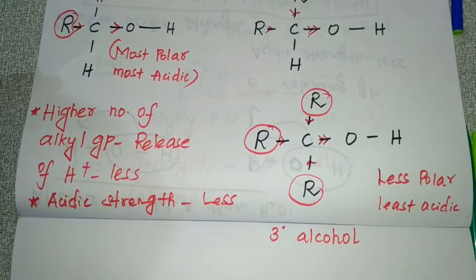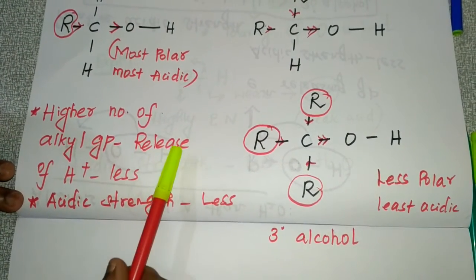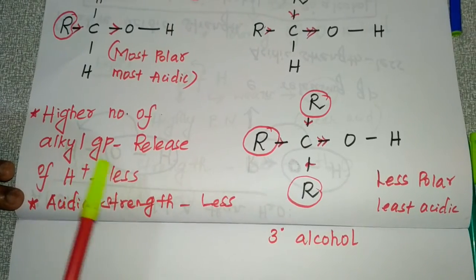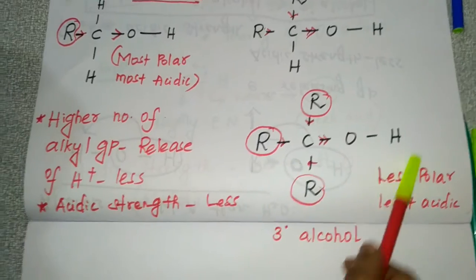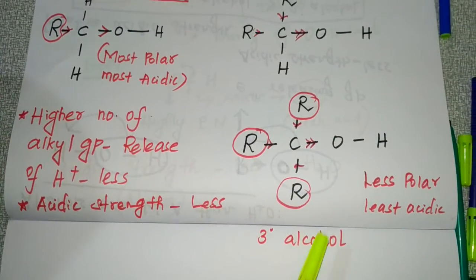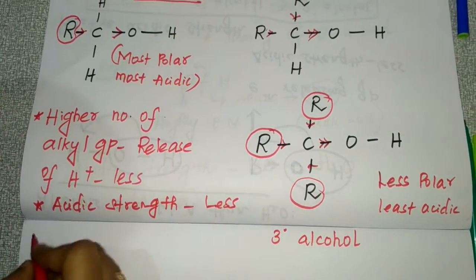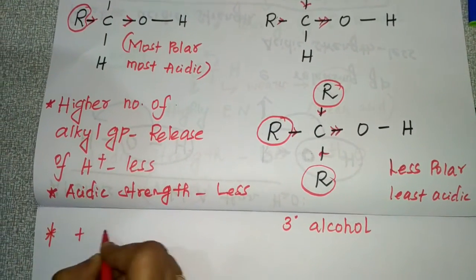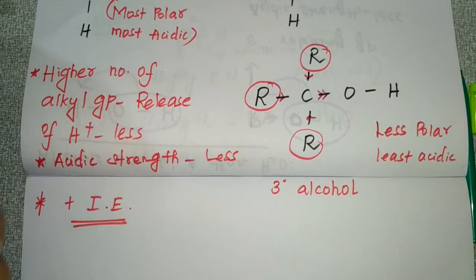So the concept here is, if a higher number of alkyl groups are there, the release of H plus will become less, so acidic strength will be less. And one more important point, here you should mention the plus inductive effect. So what is this plus inductive effect?